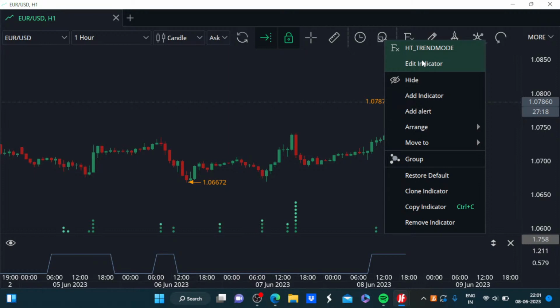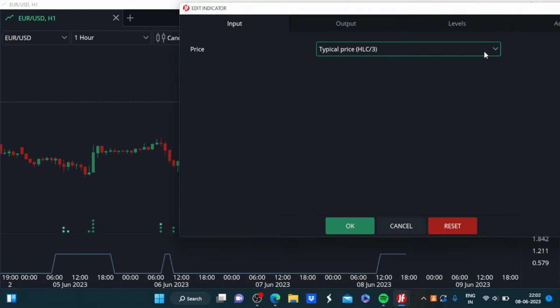Beside that, there is not much we can change for the input parameter. We can only try out these different applied prices, and depending on the kind of applied price we are using, we will have significant changes in the way this output is plotted.